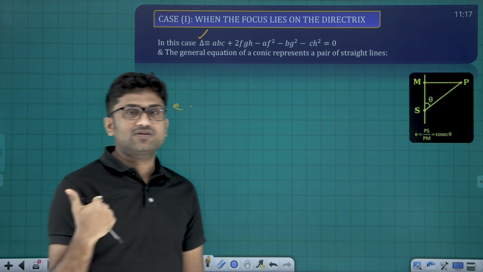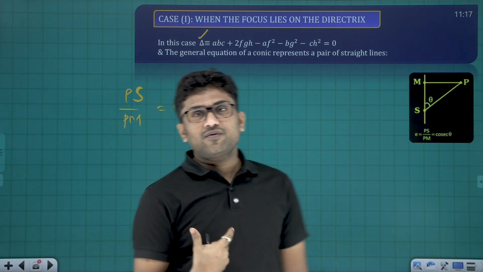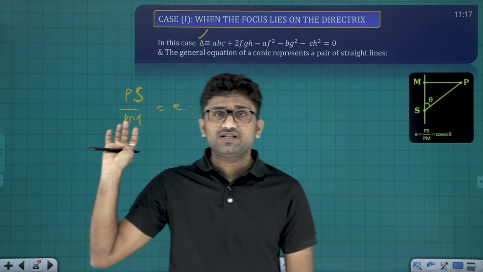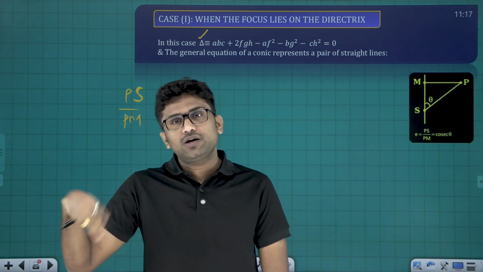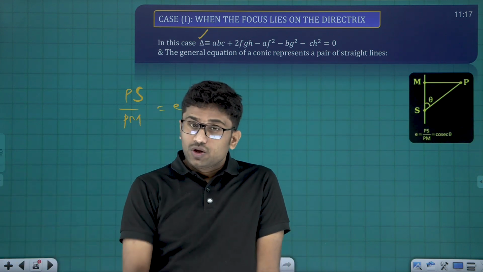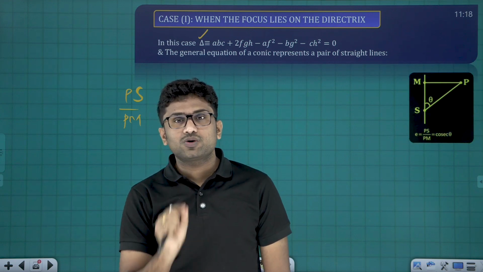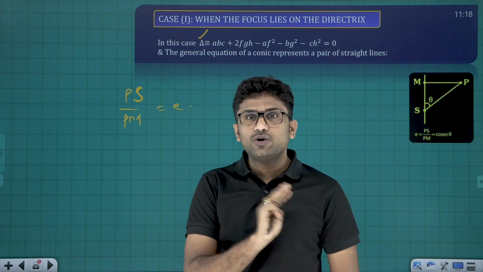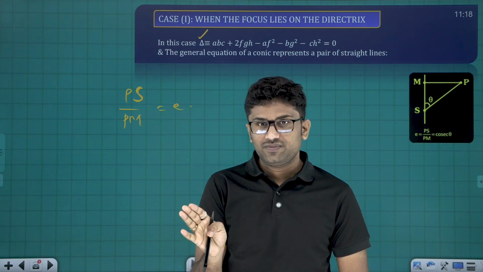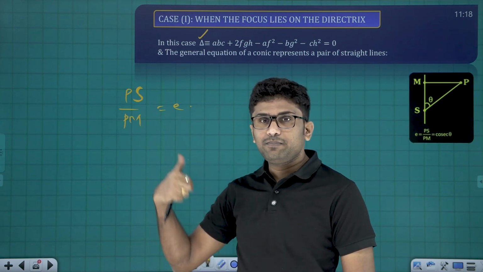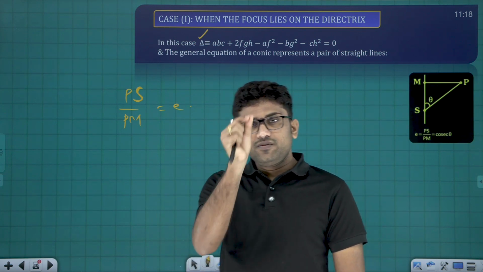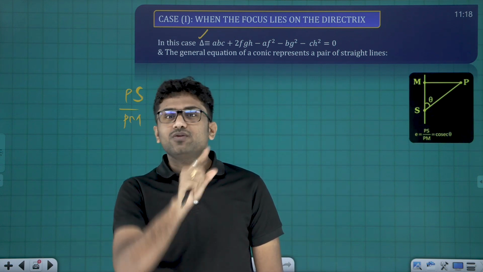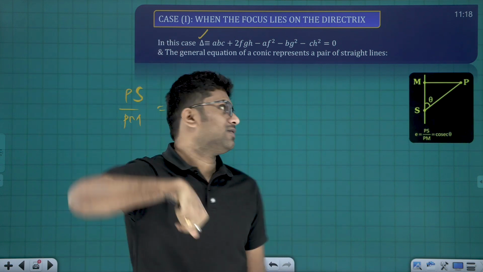See, just now we defined the locus of a conic section as the locus of a point moving in the plane such that PS by PM is equal to constant. Though PS by PM is equal to constant, if S lies on the directrix, then the locus of P is not a conic section. Clear? The locus of P will be a pair of straight lines. So we will define it as a conic only when S is not lying on the directrix.